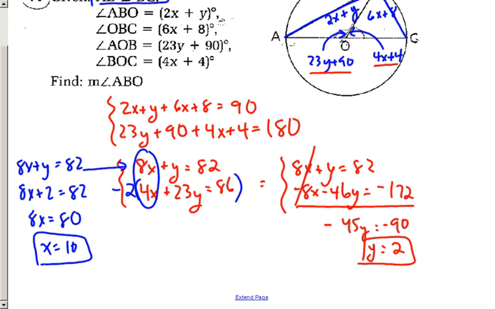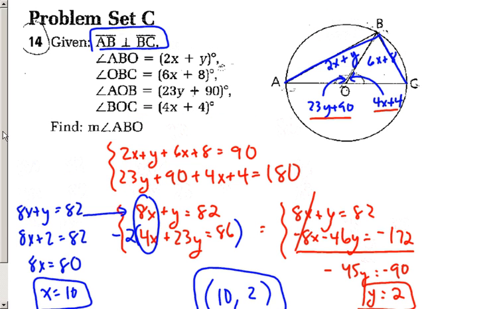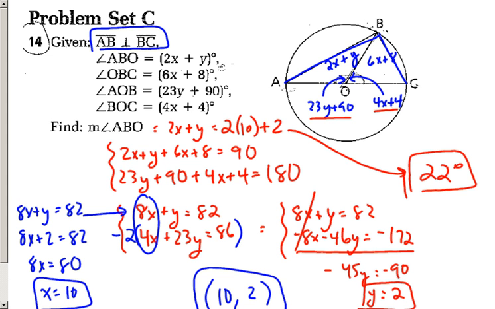So now my answer to this system is the point (10, 2), which means that ABO, which is 2x plus y, is going to equal 2 times x, which is 10, plus y, which is 2. So 2 times 10 is 20 plus 2. So this gives me a total answer: ABO is going to be 22 degrees.